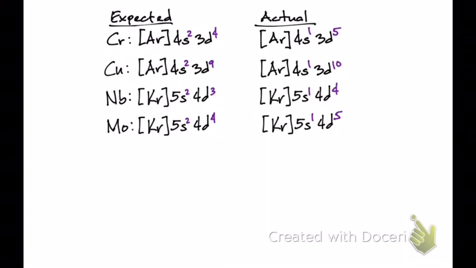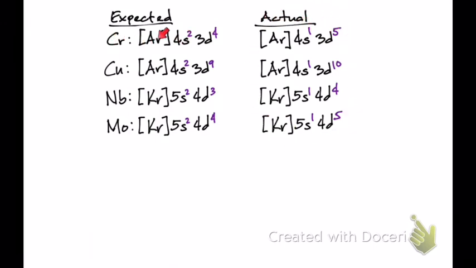So when you look at chromium, copper, niobium, and molybdenum, they actually don't follow the Aufbau principle. For example, these are the expected electron configurations for these four elements if we follow the Aufbau principle. So you have argon followed by 4s2 and 3d1, right? So 4s2 comes first before 3d1 because 4s is lower in energy than 3d. But in reality, the actual electron configuration is shown on the right over here.